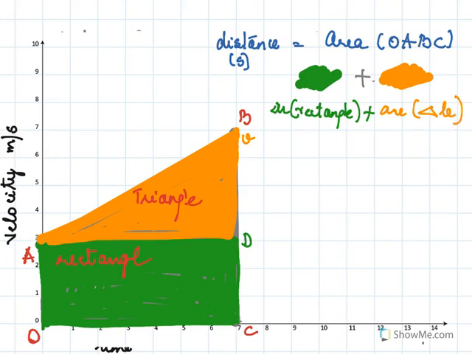Now area of a rectangle is always length into breadth, and of course for the triangle we know the area is half base into height.